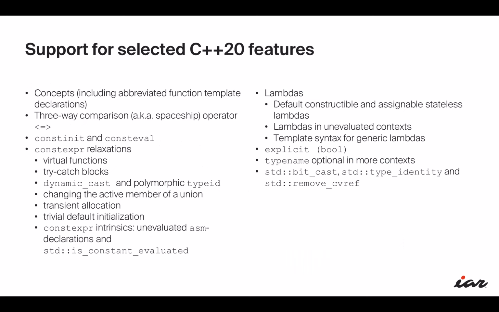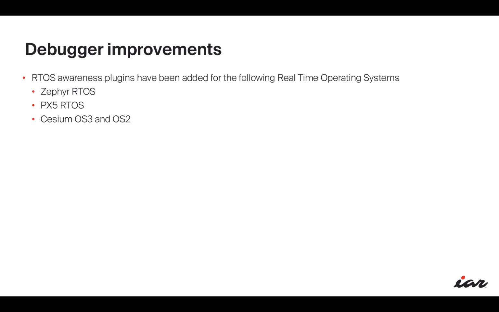Additionally, we added support for some selected C++ features. There were some missing features, and we expanded this support. So developers can then work with more modern, maintainable code, and we'll add more step by step here. Also very interesting is that we improved the debugger.